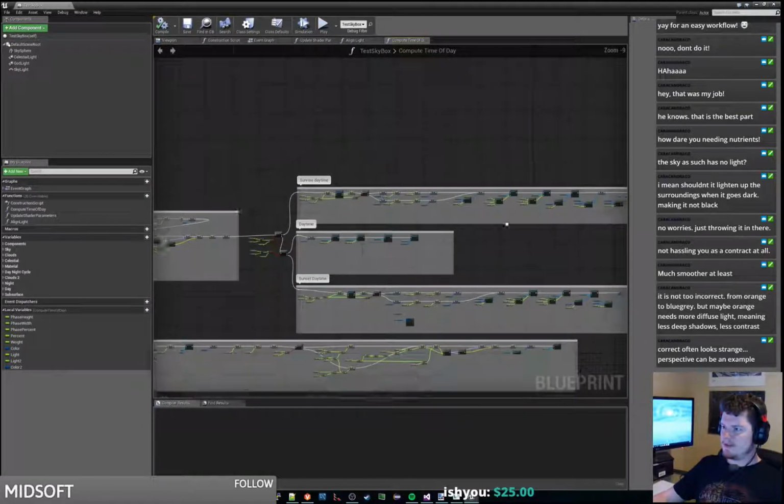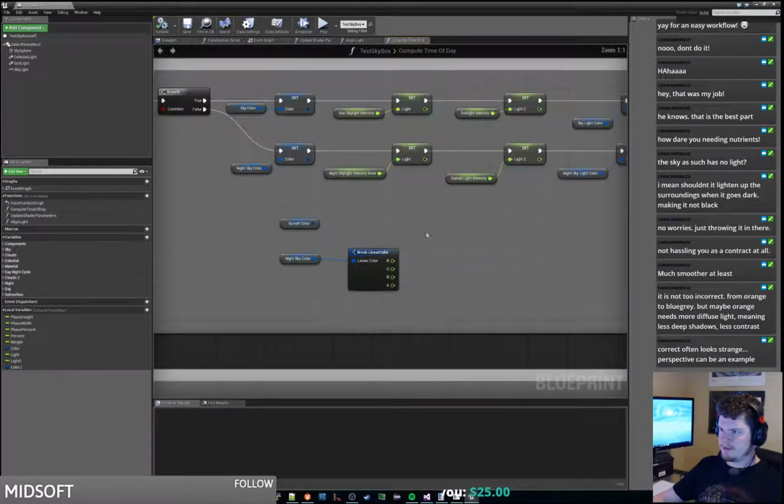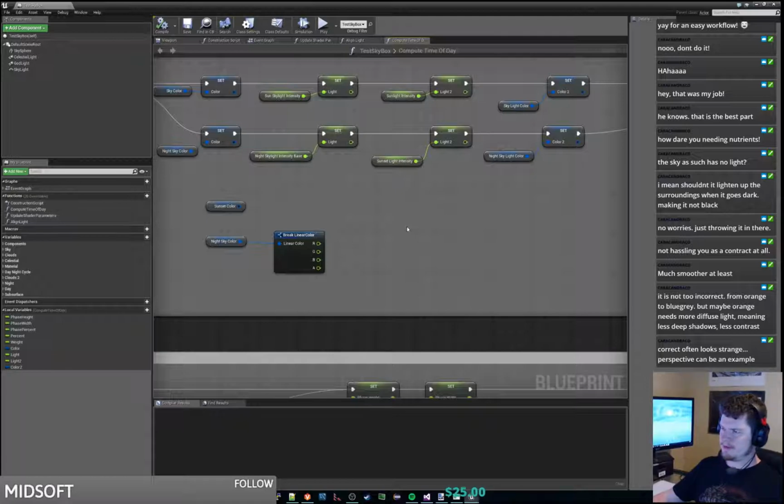Alright, so it's going to be inside of this interpolation here, and what we're going to want to do is go from basically one magnitude value to the other.